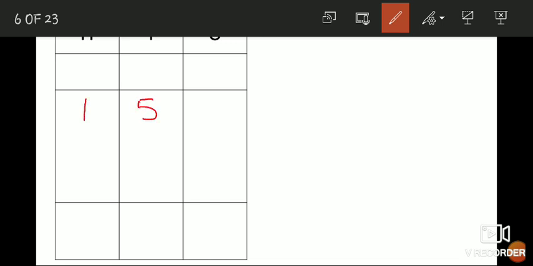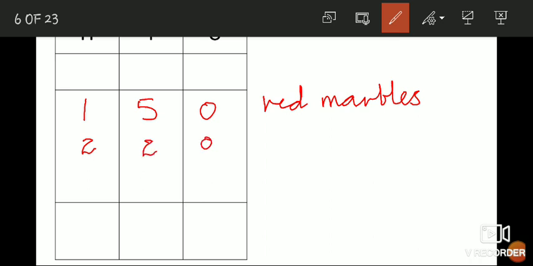150 red marbles. Next is 220 blue marbles. And the third number is 75, just two digits.